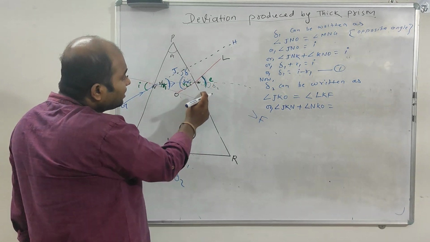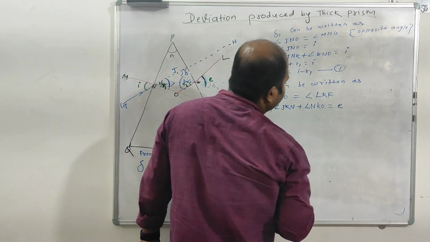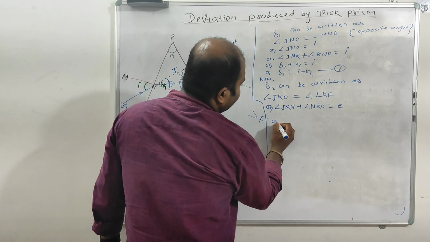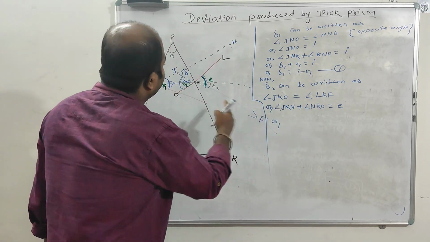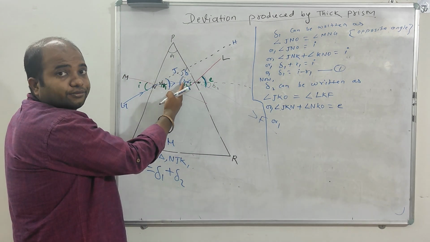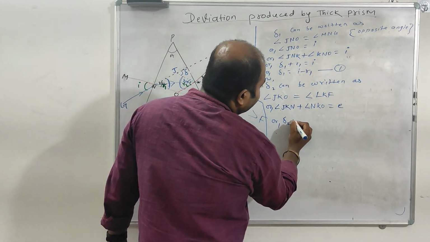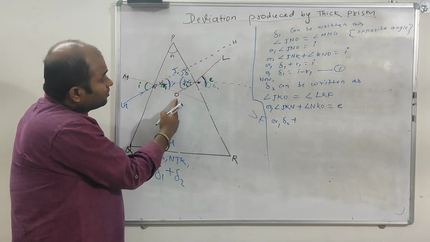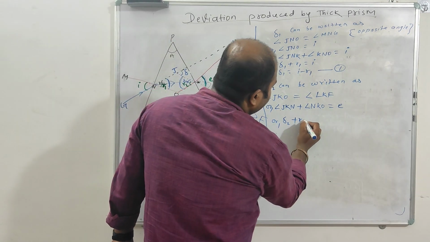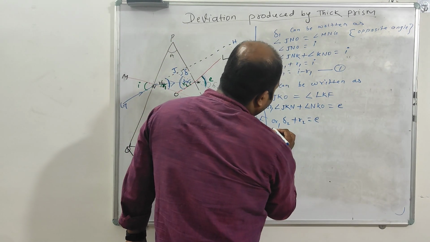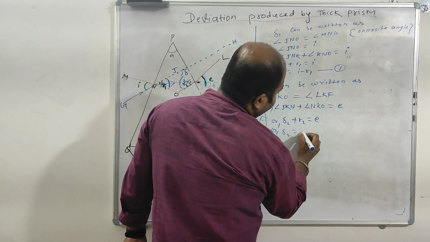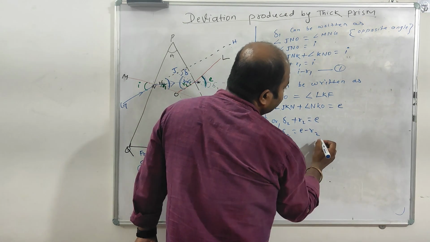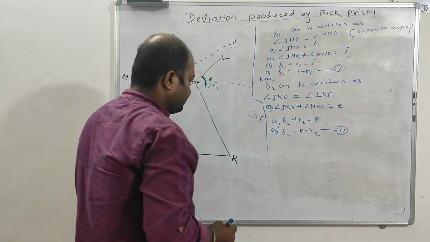It is angle A. So JKN plus NKO equals A. What is JKN? This is del 2. And what is NKO? It is R2. So del 2 plus R2 equals A, or del 2 equals A minus R2. So this is equation 4.